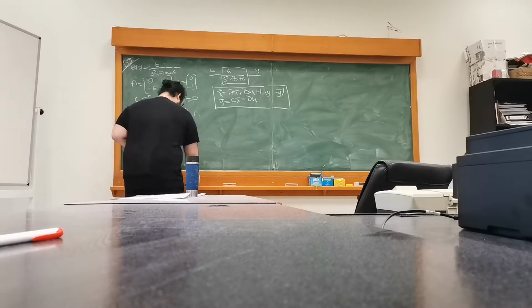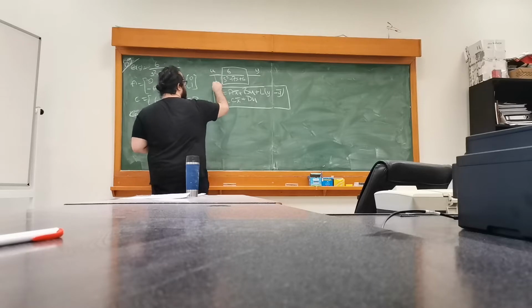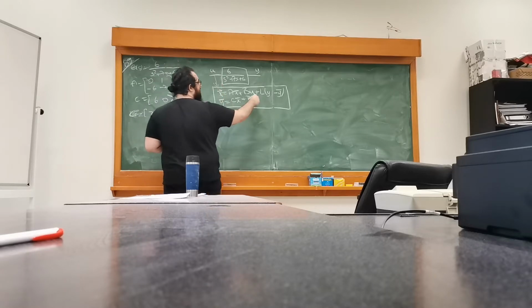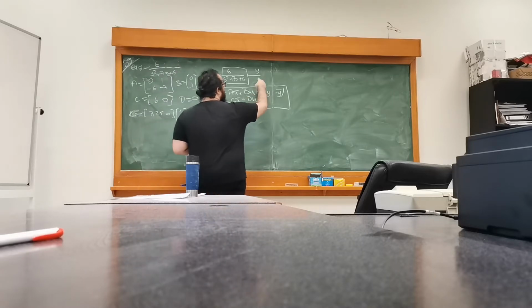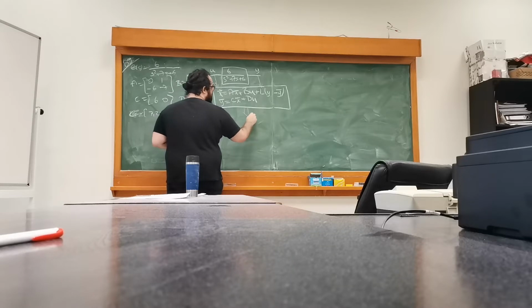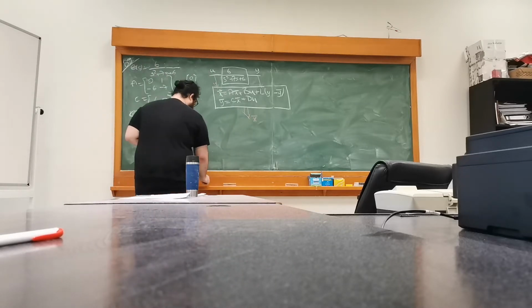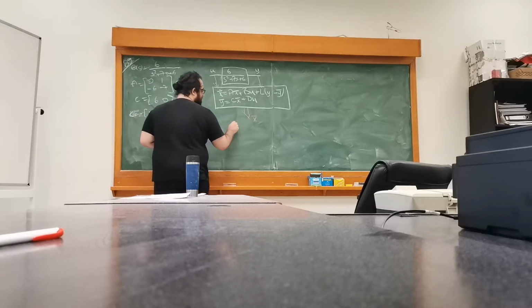Now, the inputs of this observer are the input u, and we have y, which we have to measure too, so that's also an input. And our output would be the states. Now remember that I have basically an integrator.